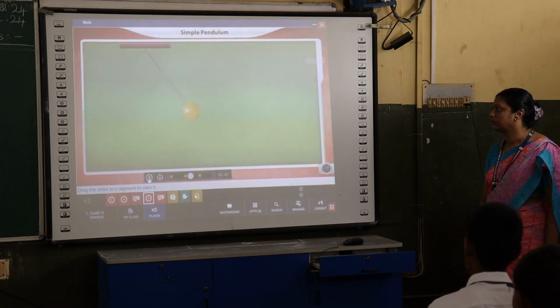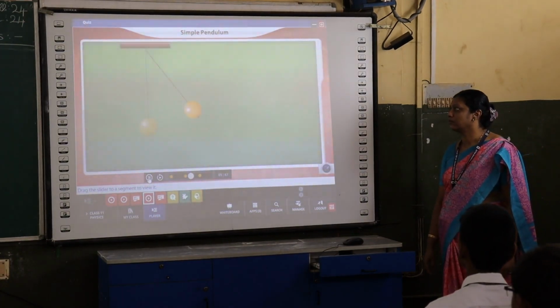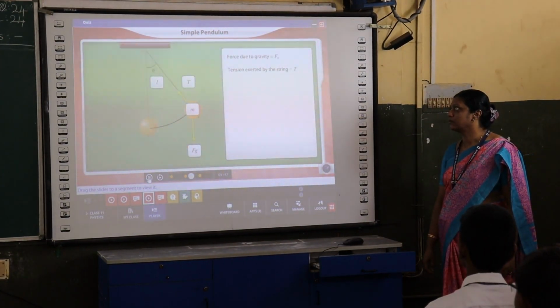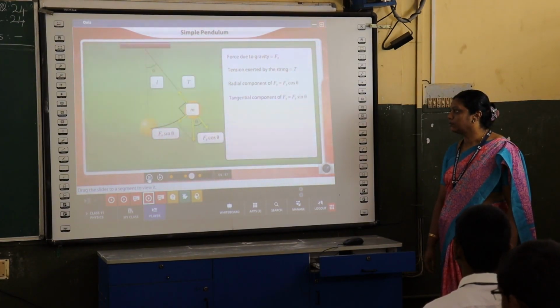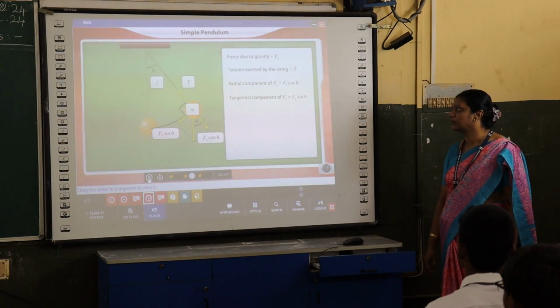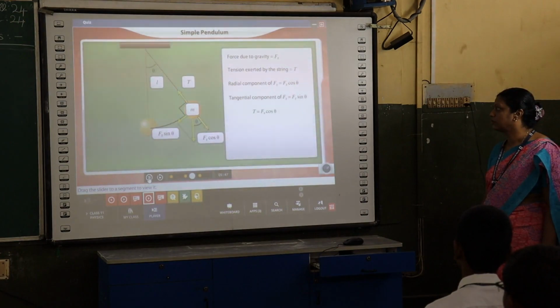When the string makes an angle theta with the vertical, the force due to gravity can be resolved into two components, the radial component and the tangential component. Since there is no motion along the length of the string, the radial component Fg cos theta is cancelled by the tension.